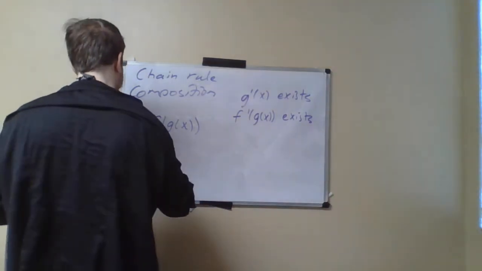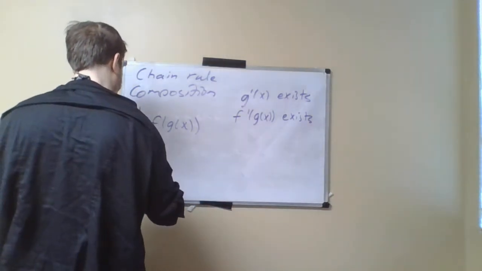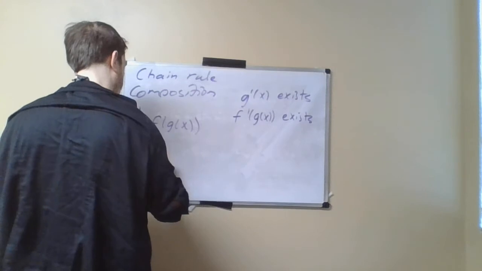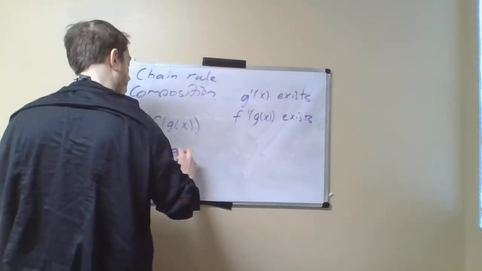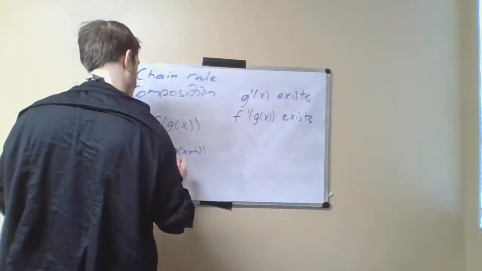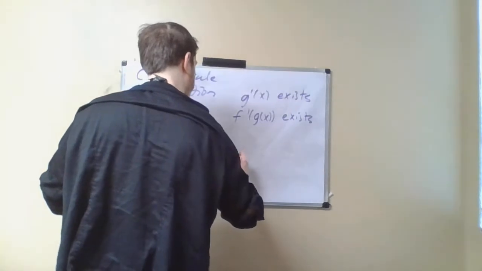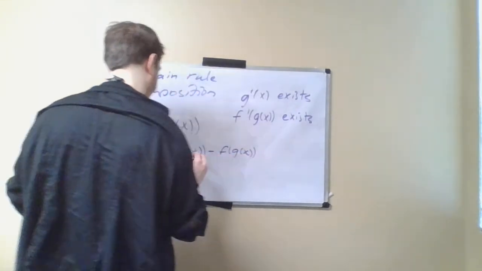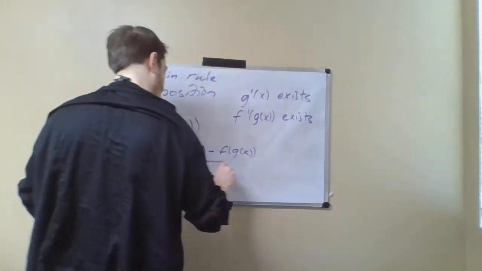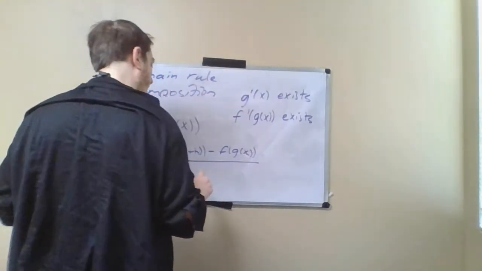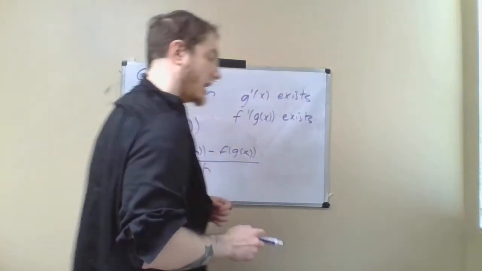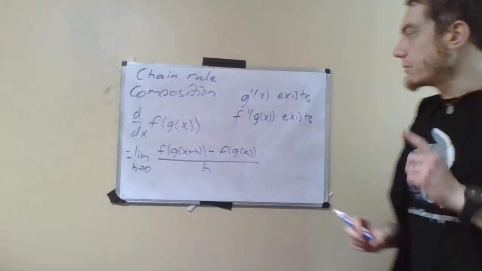But let's just write down what this is. This is the limit as h goes to 0 of f of g of x plus h minus f of g of x divided by h.